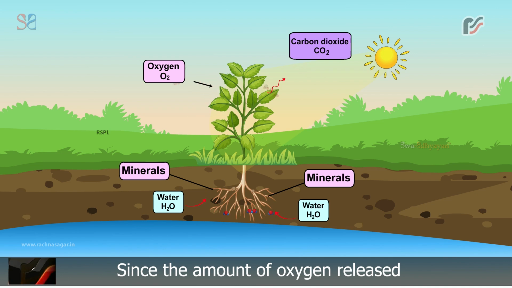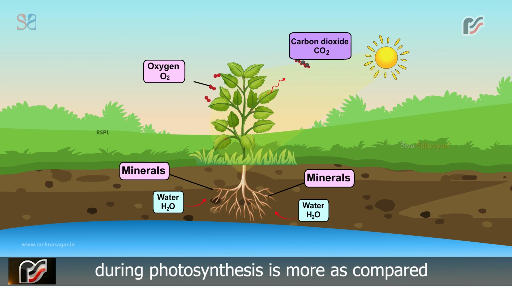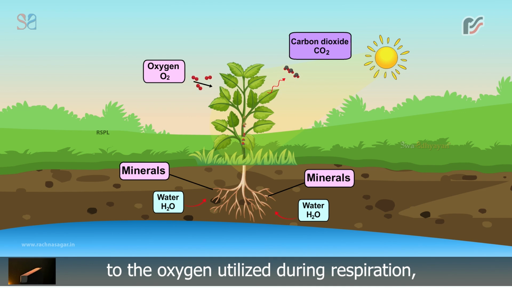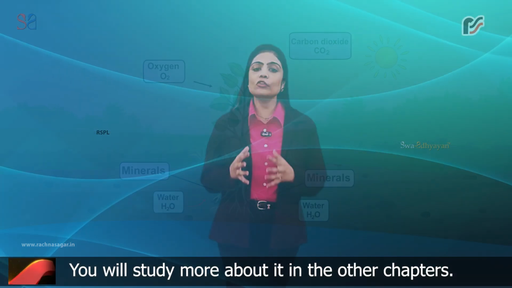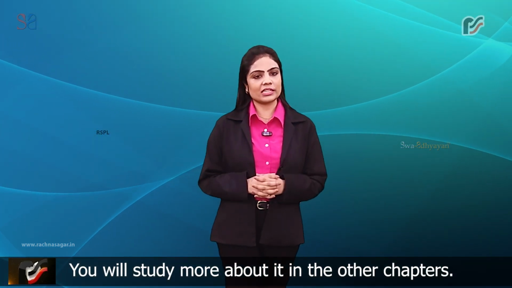Since the amount of oxygen released during photosynthesis is more as compared to the oxygen utilized during respiration, the plants help in maintaining the oxygen cycle. You will study more about it in the other chapter.